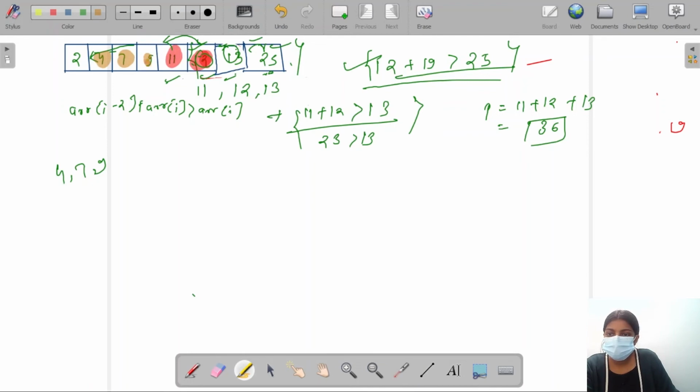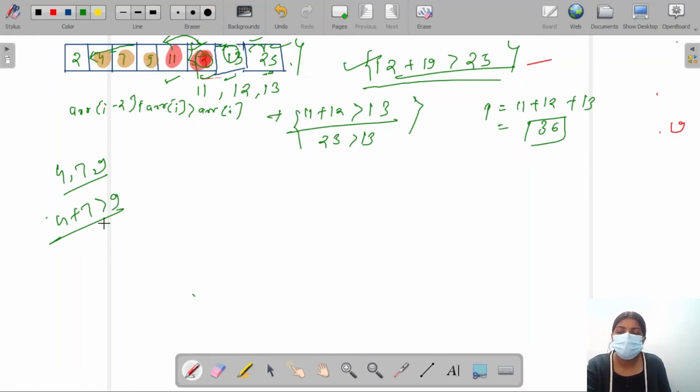These sides are also going to form a triangle, because the sum of ARR of i minus 2 plus ARR of i minus 1 is greater than ARR of i. But there is no sense of doing this, because these are smaller sides than 11, 12, 13, so these three sides are going to give me a lesser perimeter. I have to find the maximum perimeter.